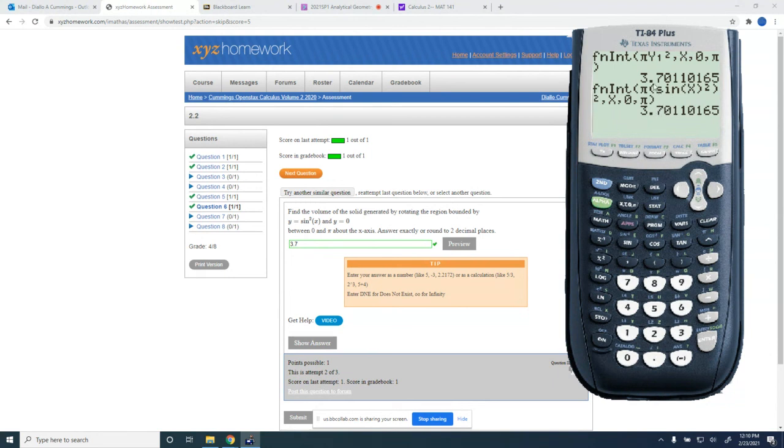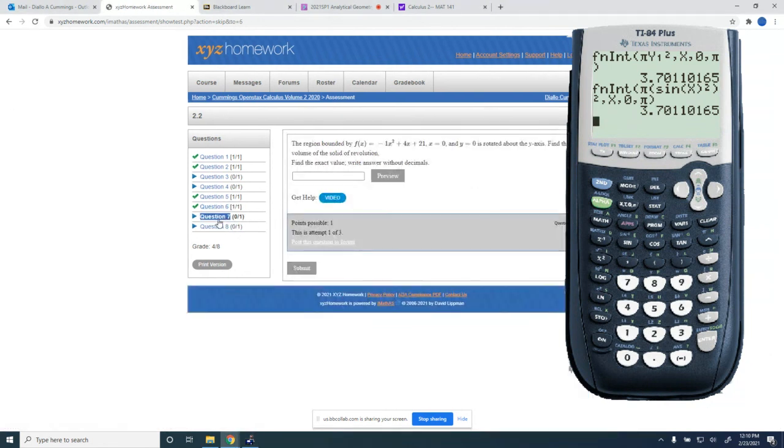Okay, so make sure you take your function, which in this case is sine x squared, and then you must square it again, because this method's formula calls for the radius squared. Right. So I believe that this method is used for problem number 7 and for problem number 8.